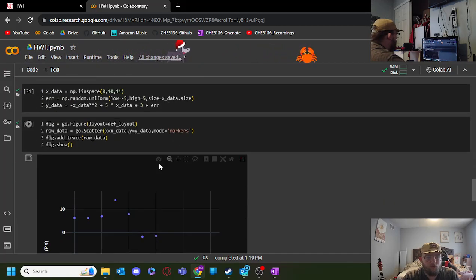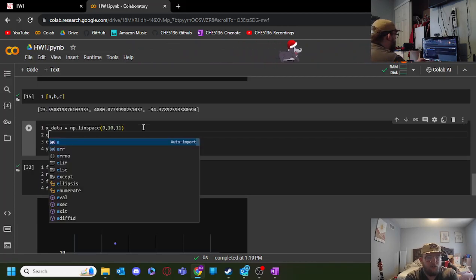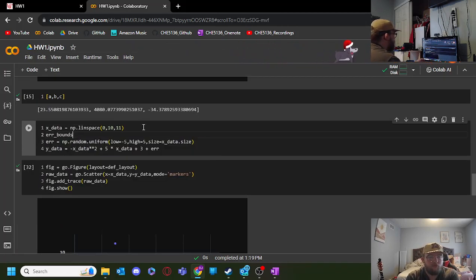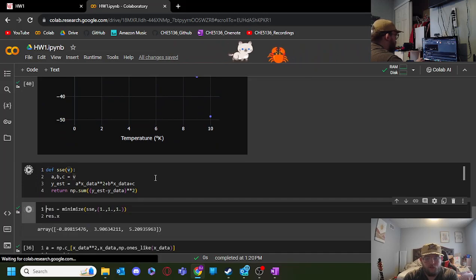So if we were to, for example, reduce the error, it would be a little less great. So you can still see a very strong shape.